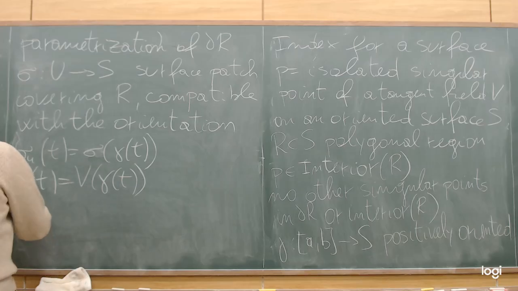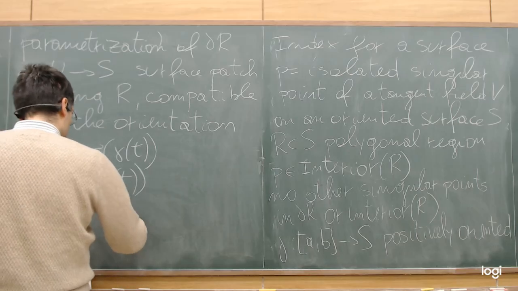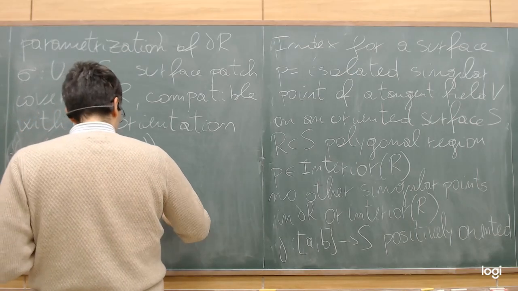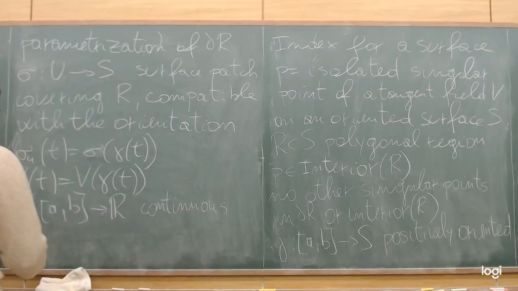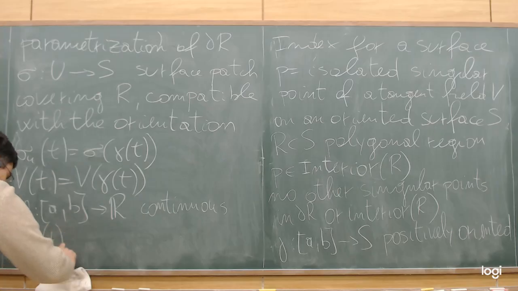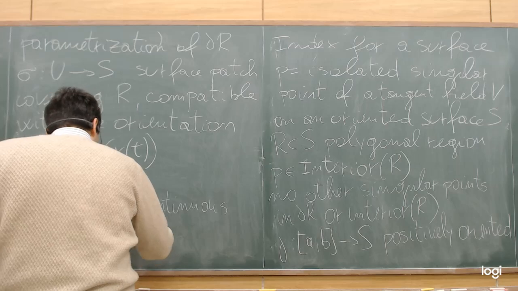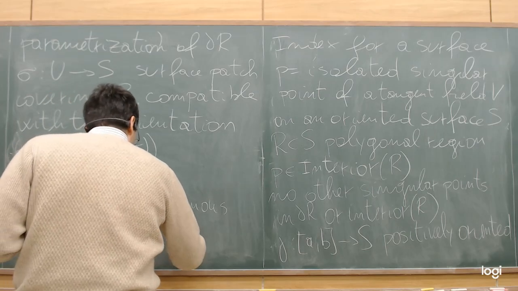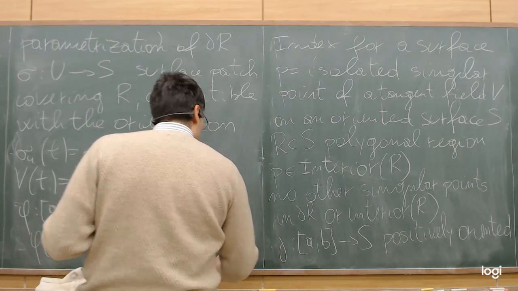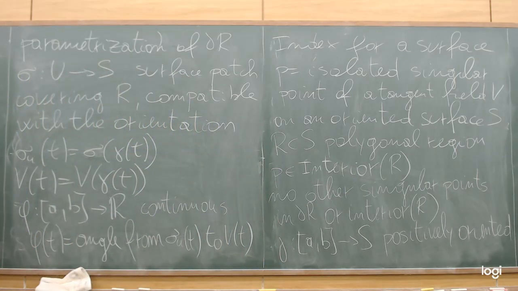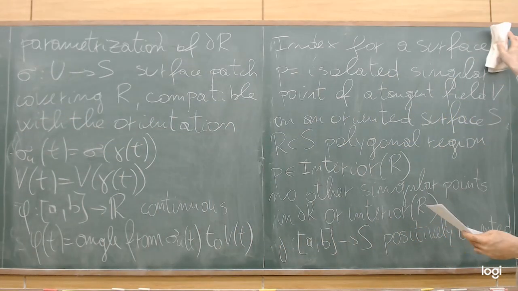And phi from [a, b] with values in R is a continuous function such that phi of t is the angle from sigma u of t to V of t. Unfortunately, the definition is not finished yet, so I have to erase this part.